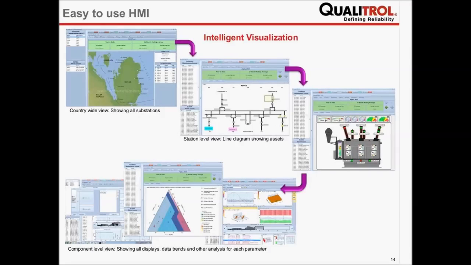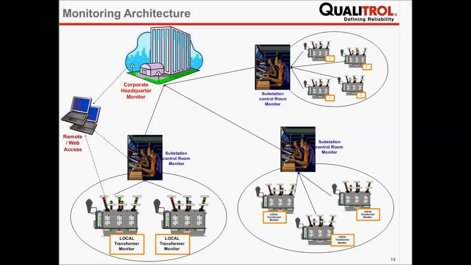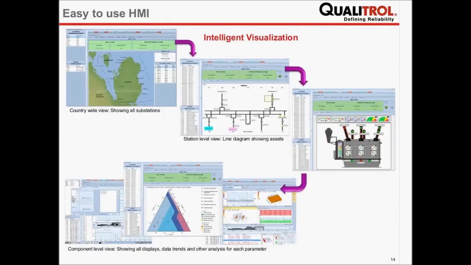If you talk about the visualization, I just took the visualization from the monitoring architecture. When you are sitting at the corporate headquarters, you should have a view of your entire fleet of transformers. This view is called a region level view, which will have the overall status of the region. If you are sitting at the substation, you should have a substation level view.